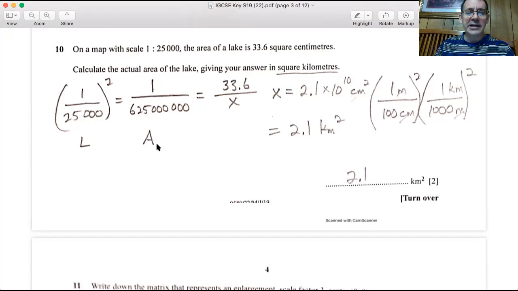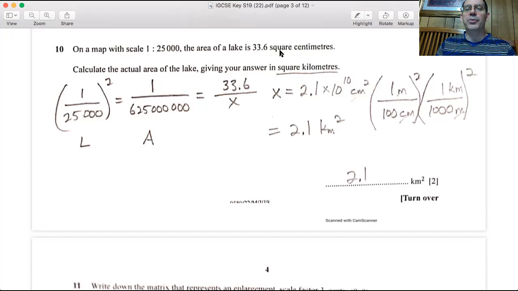So to go from linear to area, we need to square the ratio, and that gives us 1 over 625 million square centimeters.